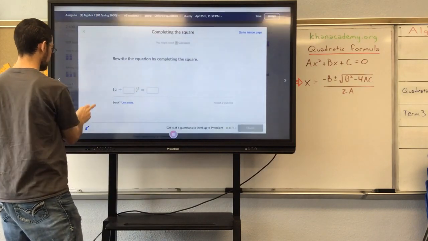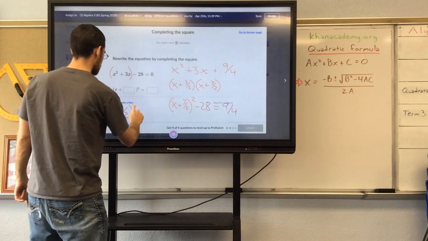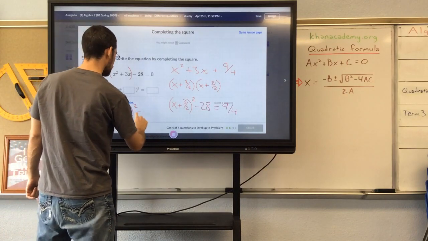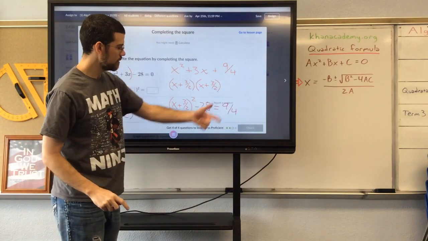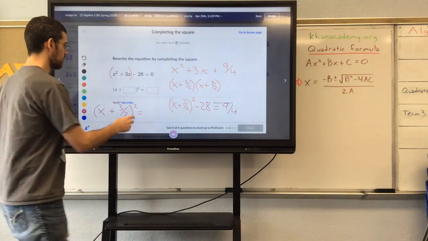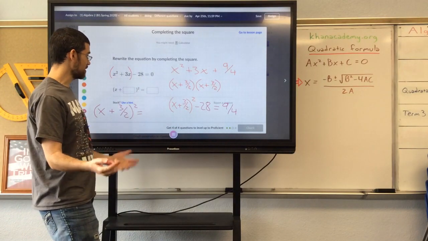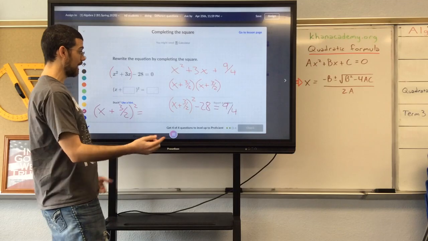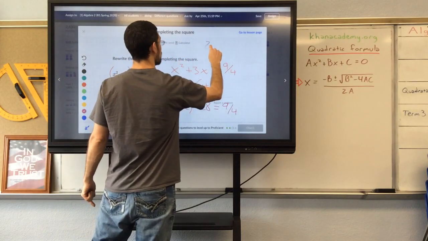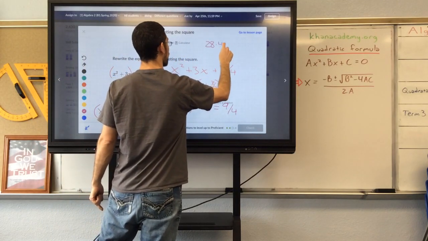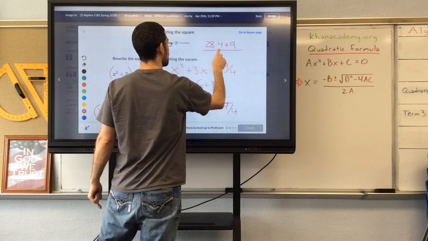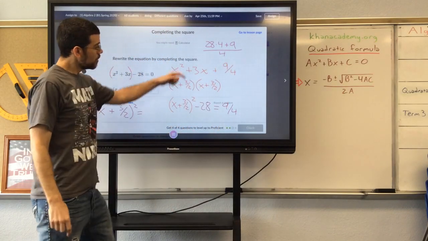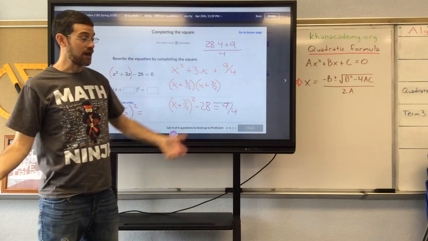Sorry, it's being a little glitchy on me. Squared equals 28 plus 9 fourths. We would like that as a single number, so we're going to add 28 times 4 plus 9 and put that over 4. I want to know how many fourths I have in the end.